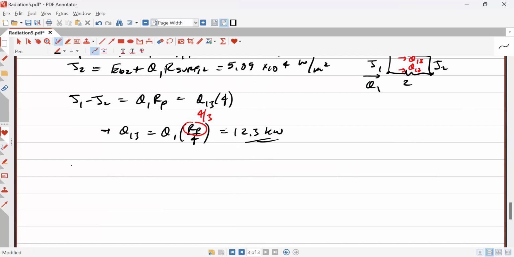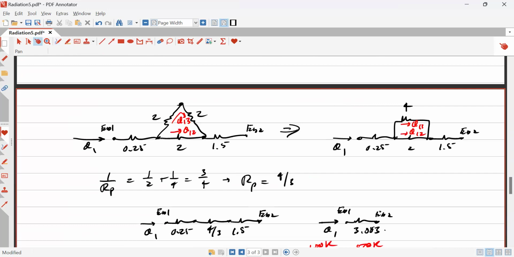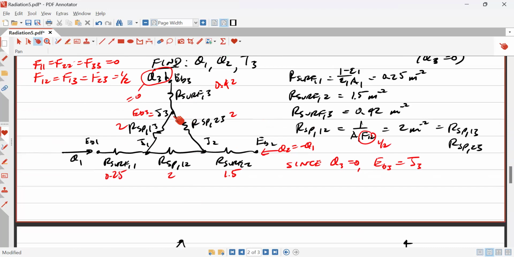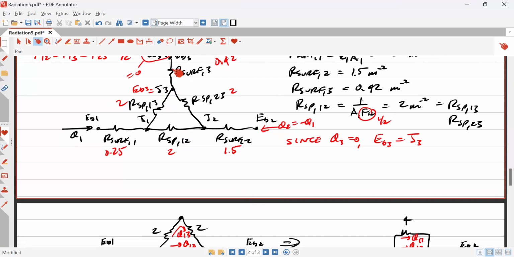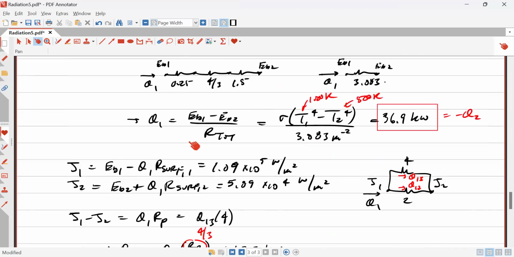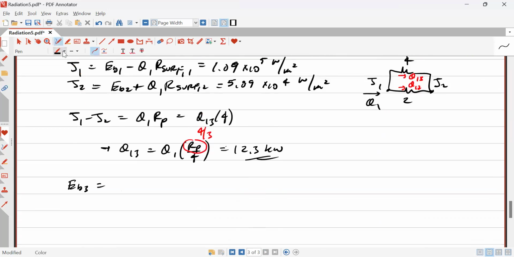And since we have that, we can then determine EB3. We go way back to our diagram. Remember that EB3 equals J3 because there's no heat going through that part of the network. So EB3 is J3, on the top here. It's going to be J1 minus Q13 times the spatial resistance R spatial 13, which is 2.